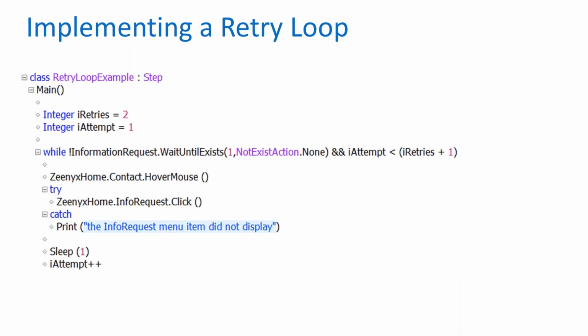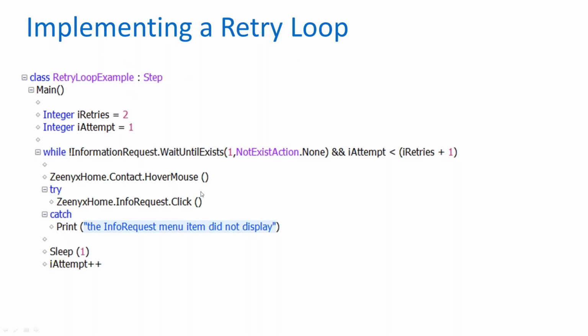Okay, now I'm going to talk about a couple of flaky things that we've seen and how we solve them, and then I'm going to show you some that customers have sent in. First thing is a retry loop, and this is a good thing to know how to do.